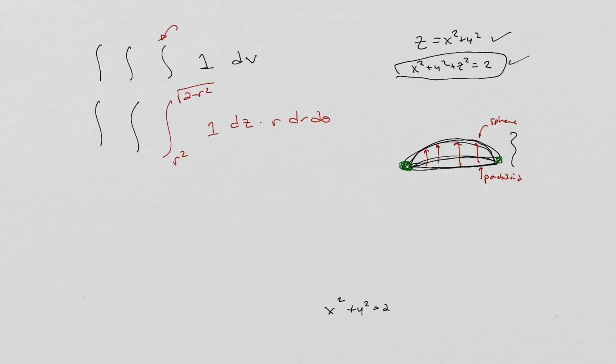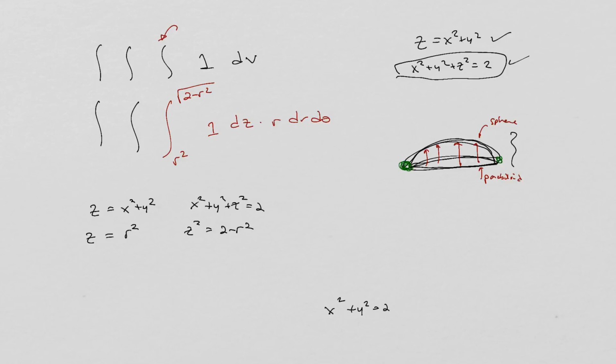All right. So I've got z equals x squared plus y squared, and x squared plus y squared plus z squared equals 2. So for this one, I've got z equals r squared. Over here, when I solve for z squared, I got z squared was 2 minus r squared.